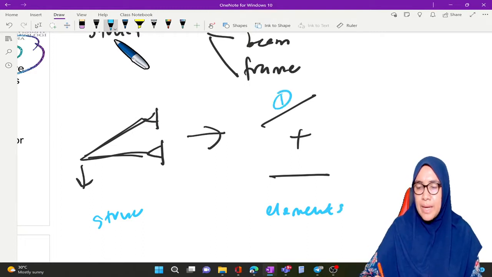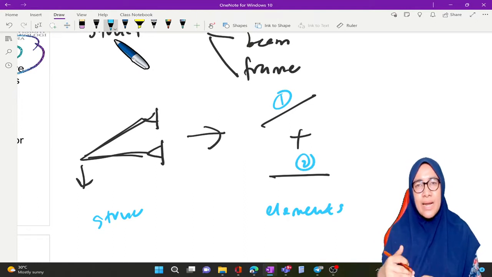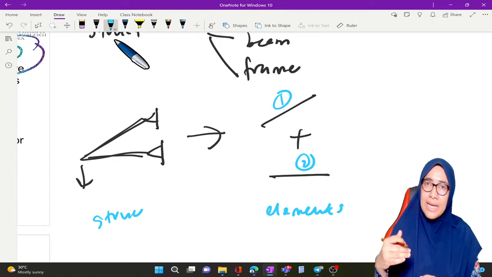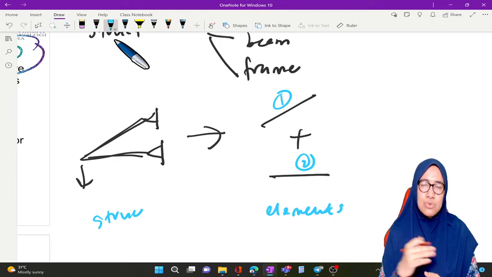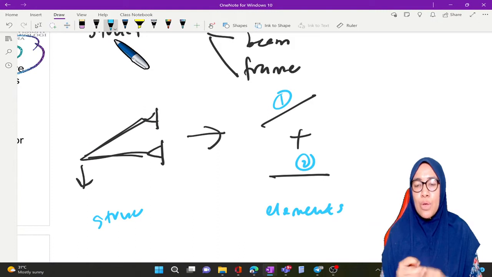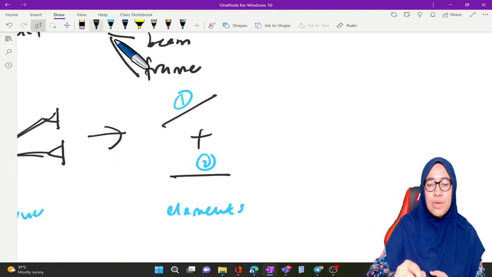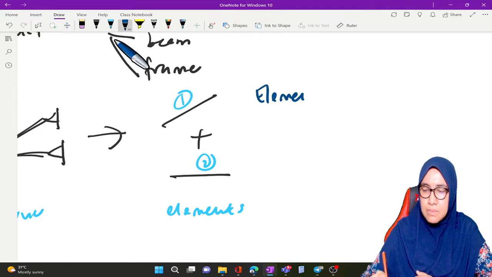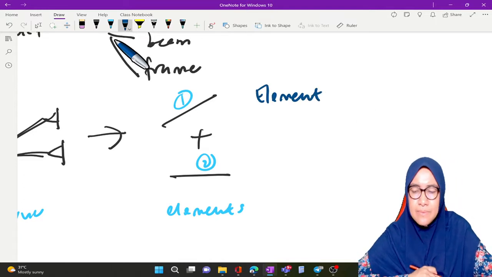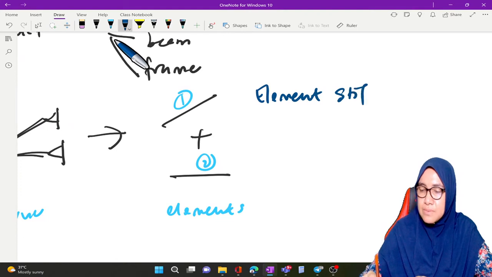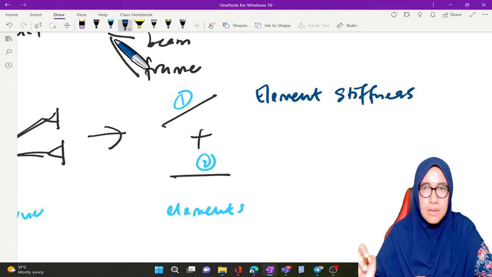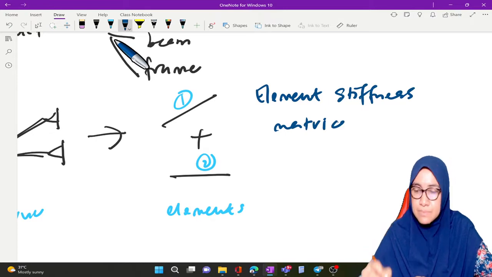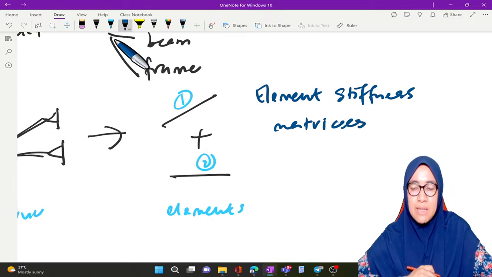Element number 1, element number 2. We have to analyze element 1 and element 2 separately. Analyze what? We will analyze what we call the element stiffness matrices. That is the term.